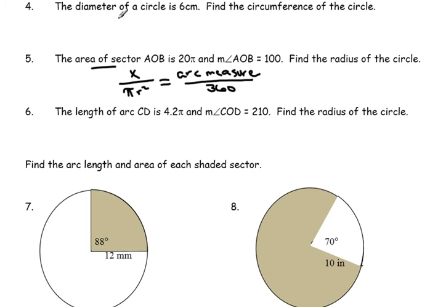So x in this case is our area of a sector, and they gave it to us. So the area was 20 pi out of pi r squared, which r is the thing we're looking for. The arc measure is going to be the same as the central angle, so it's 100.